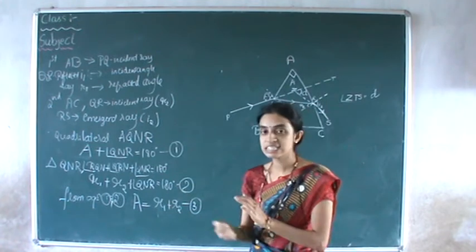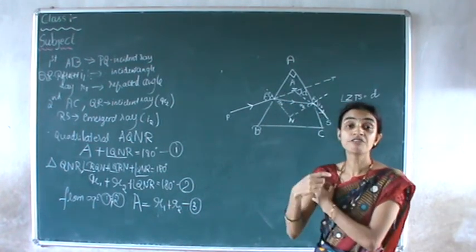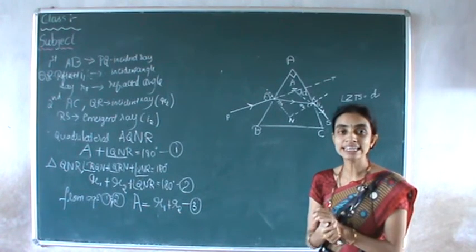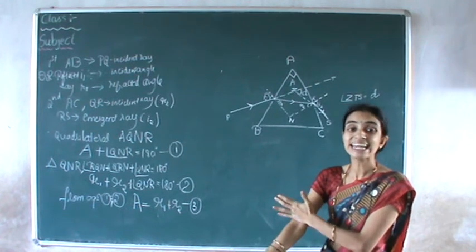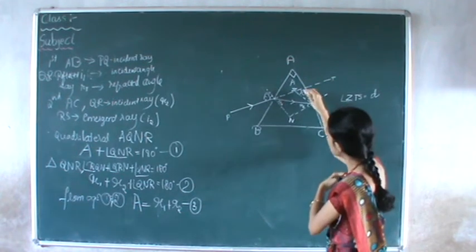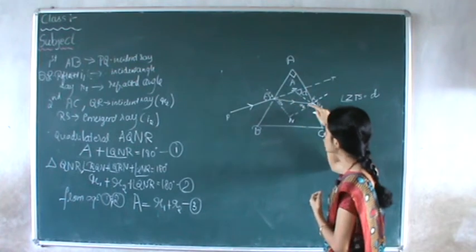Next, we know that for a triangle, the exterior angle is equal to the sum of the interior opposite angles. Here ZQR is one triangle.